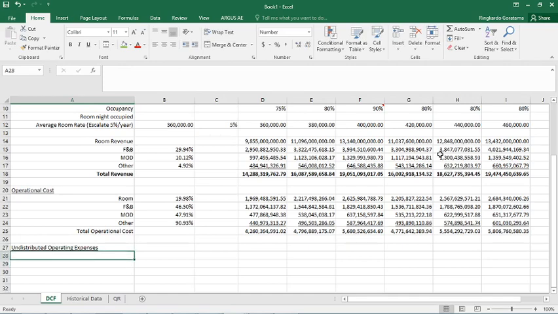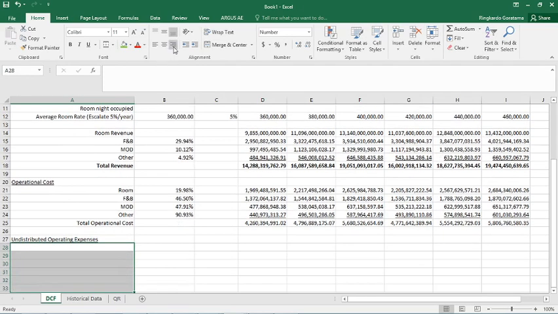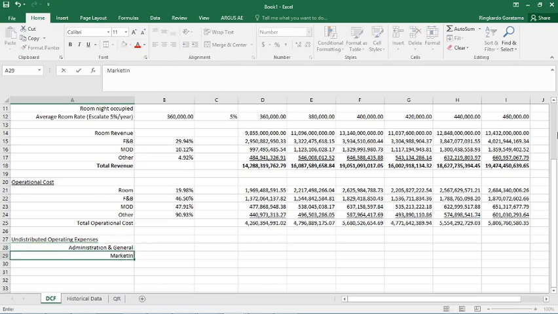So this will be covering the administration and general, also the marketing and the property operation, maintenance, energy costs.